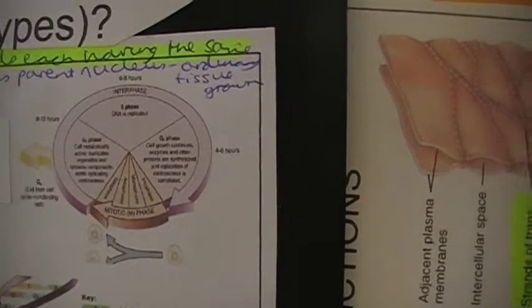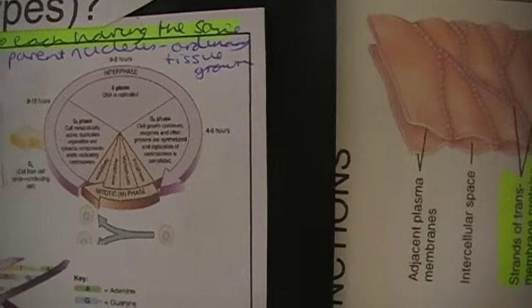Back to interphase. What is G1? Cell metabolic rate increases. What is S phase?